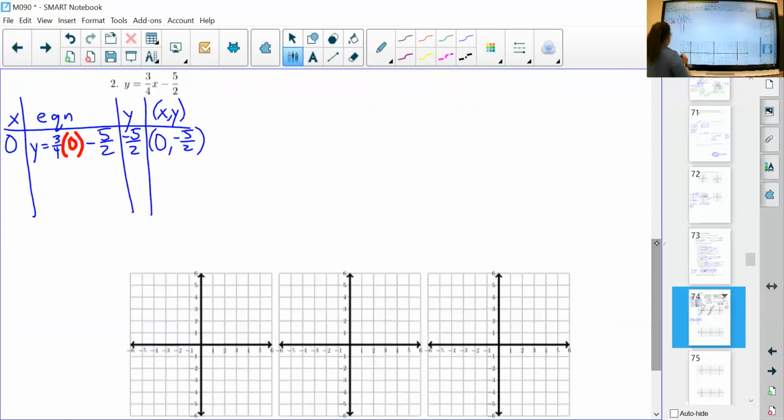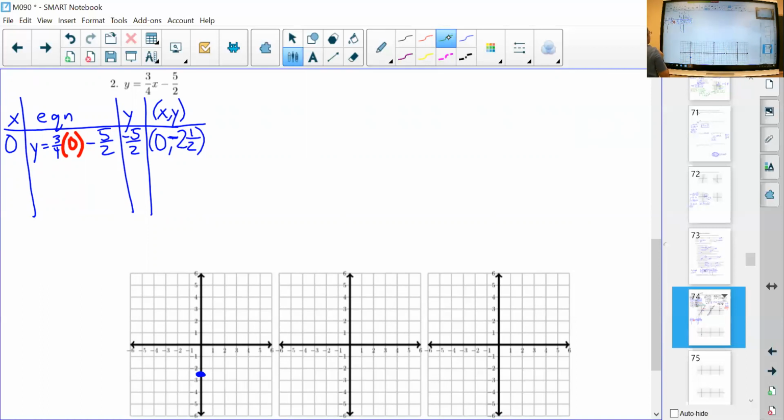Okay. So 0, negative 5/2. Let's actually turn that into something that we like a little better. We'll call that a mixed number. So 2 goes into 5 twice. We have negative 2, there's one left over, negative 2.5. Don't go over at all. Go down 2.5. Point there.